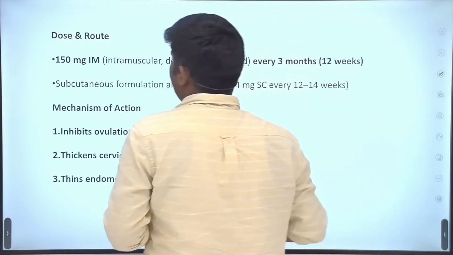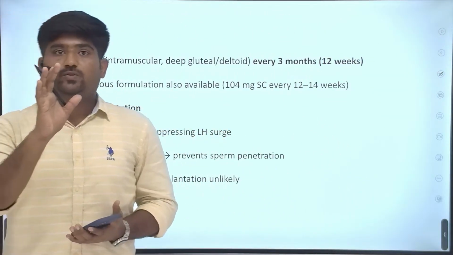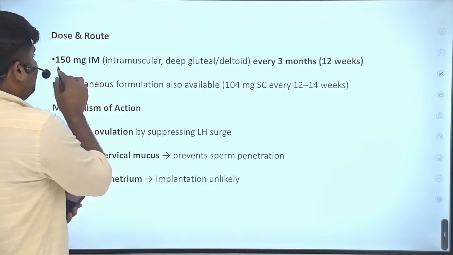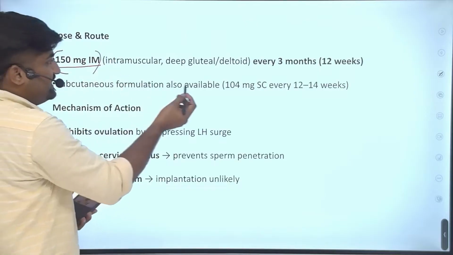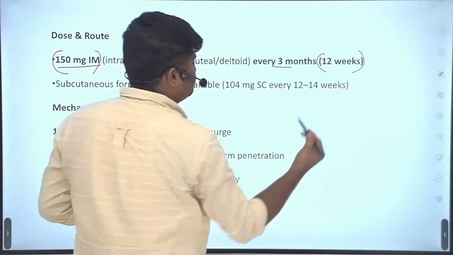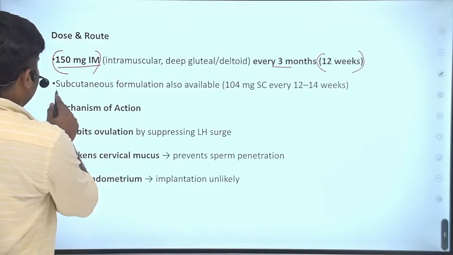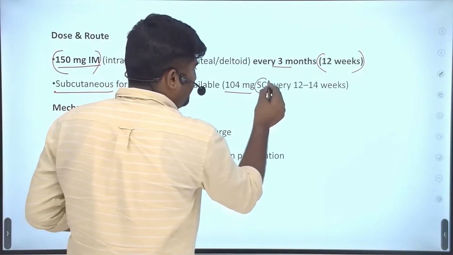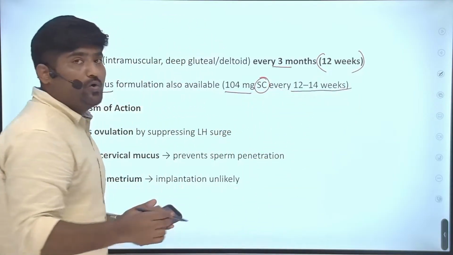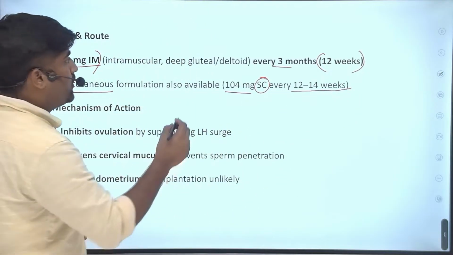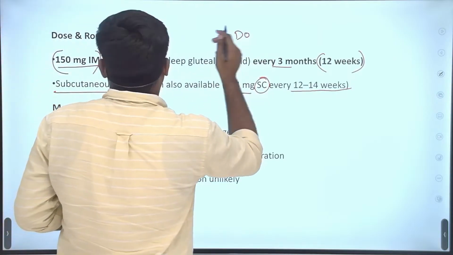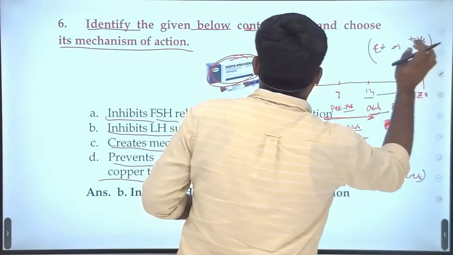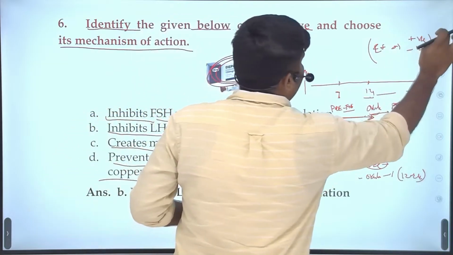Here comes the point. This is Depo, that is medroxyprogesterone, IM 150 mg every 3 months, 12 weeks. A subcutaneous formulation is also available, 104 mg subcutaneous every 12 to 14 weeks. That is the drug we have discussed, Depo-Provera, the trade name.